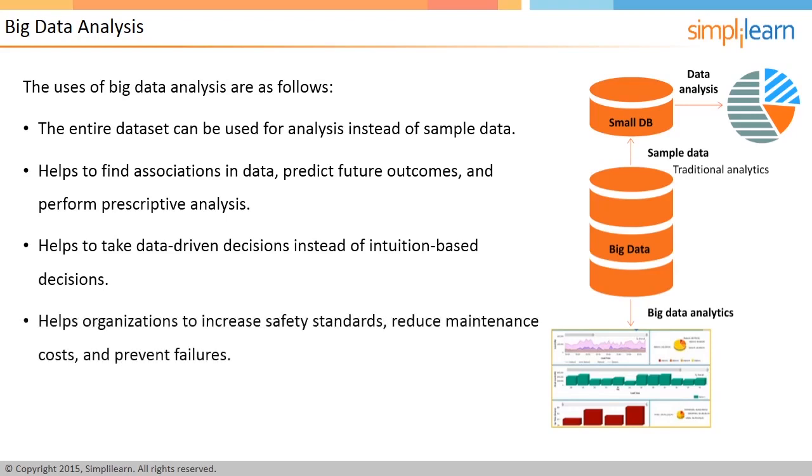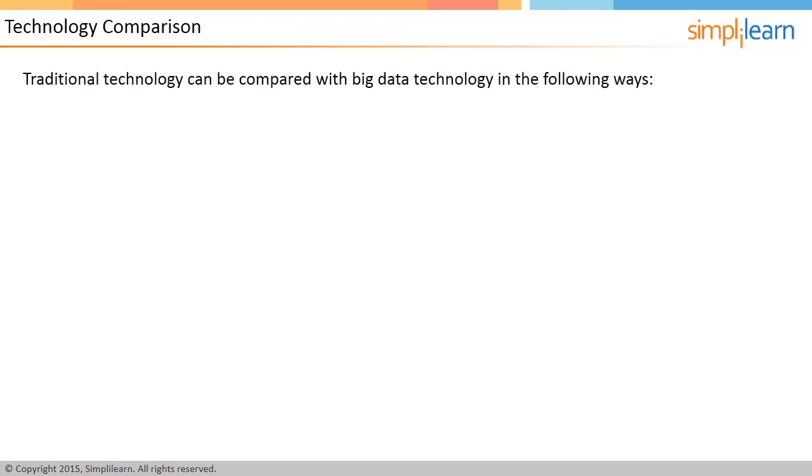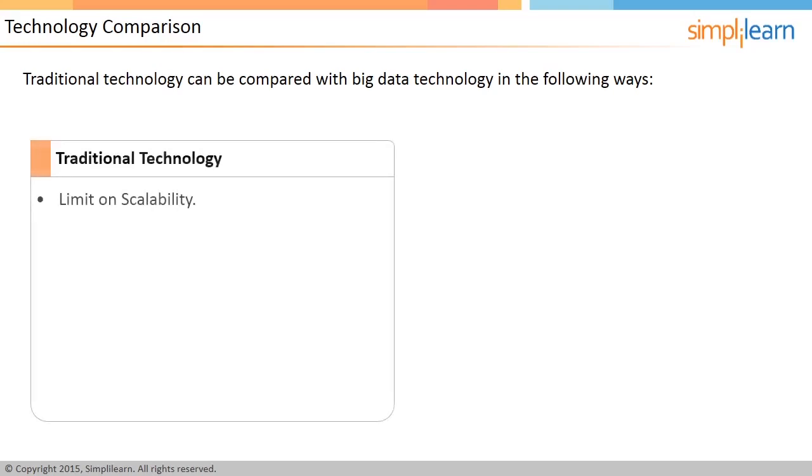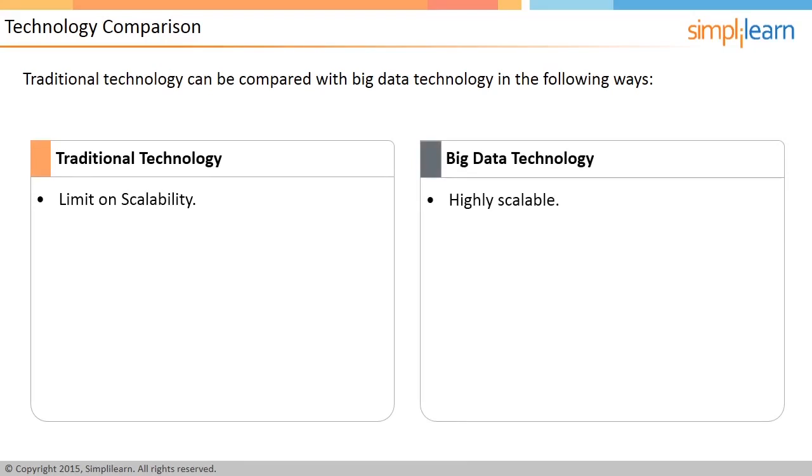Traditional technology can be compared with big data technology in the following ways. Traditional technology has a limit on scalability, whereas big data technology is highly scalable. Traditional technology uses highly parallel processors on a single machine, whereas big data technology uses distributed processing with multiple machines.